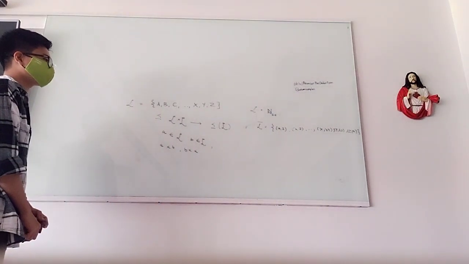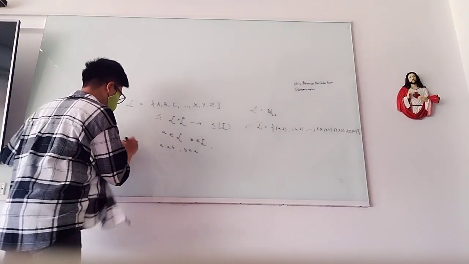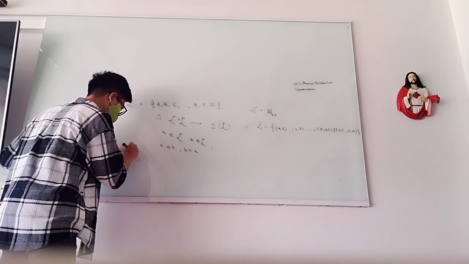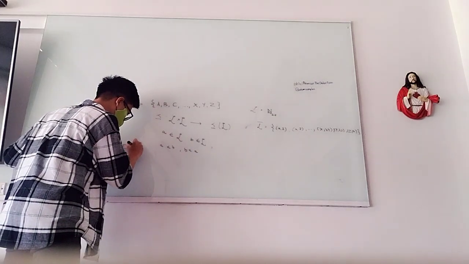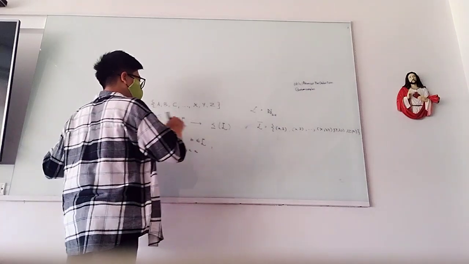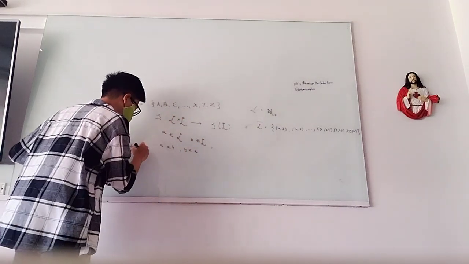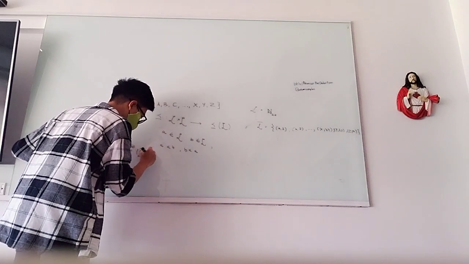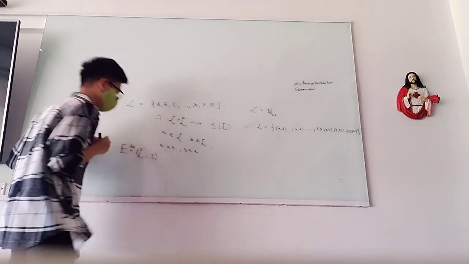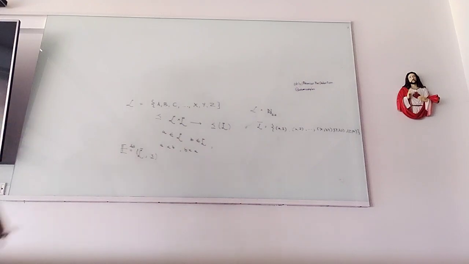The last thing we need to do in this construction, in order to make E, is define E, our English alphabet, to be the equipping of this set, L dash, with prec-equal. And there's our English language.